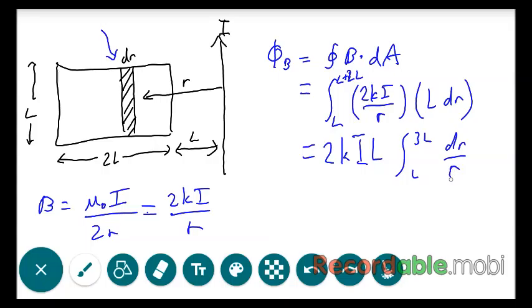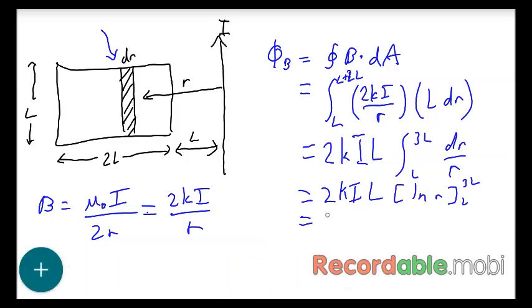Now we should all know how to integrate this, and you would get this, and finally this.